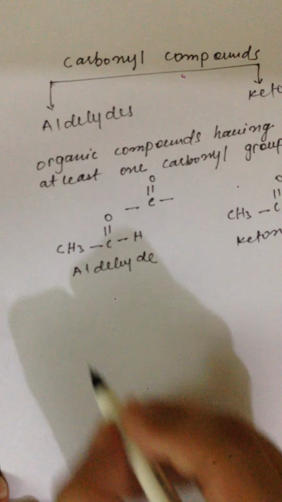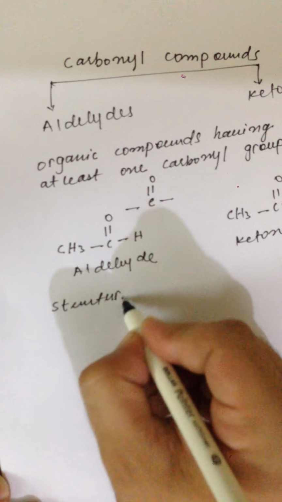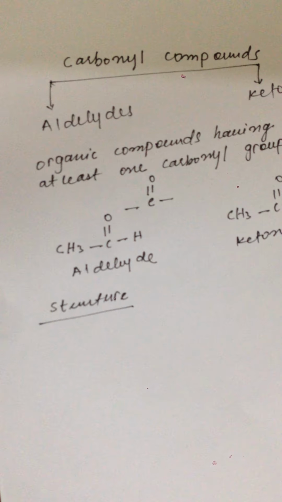Let's talk about the structure of carbonyl compounds. The carbon and oxygen in the carbonyl group present in aldehydes and ketones consist of a sigma bond and a pi bond.